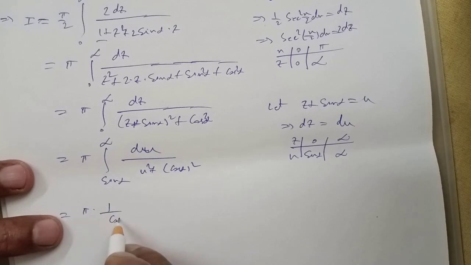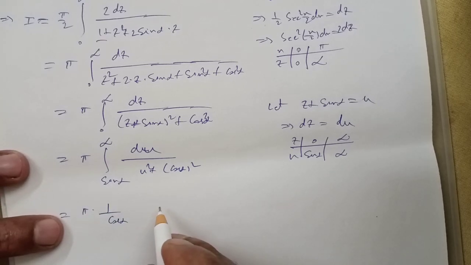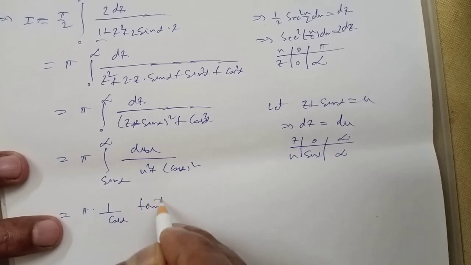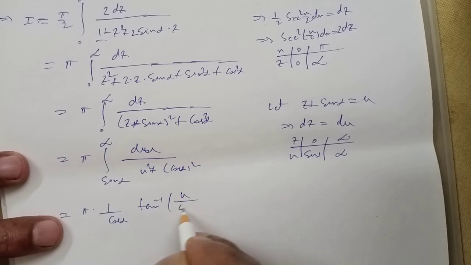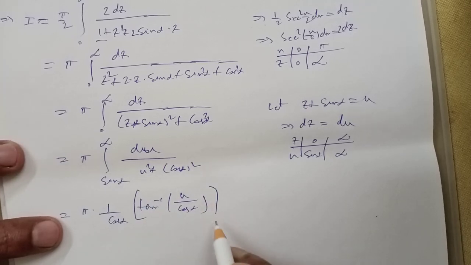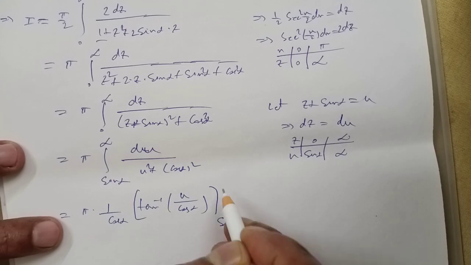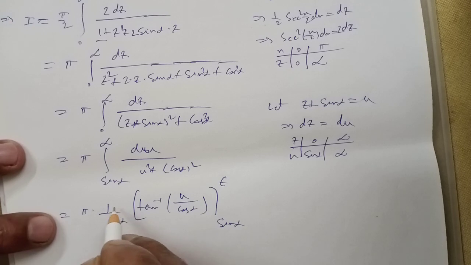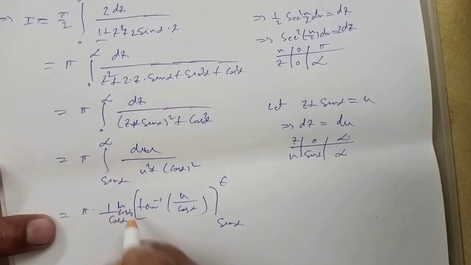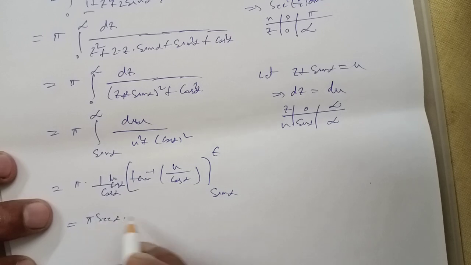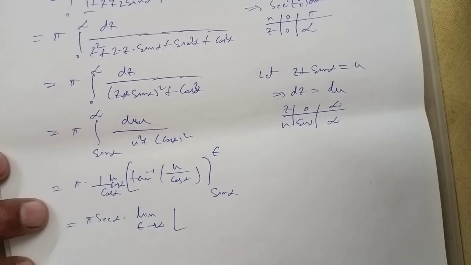1 by a, that is 1 by cos alpha tan inverse of u by cos alpha. I am writing the limits as sin alpha to epsilon, and here I am writing the limit epsilon tends to infinity. So we get pi sec alpha limit epsilon tends to infinity.